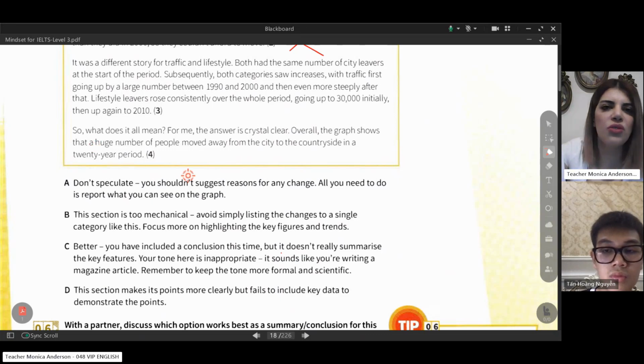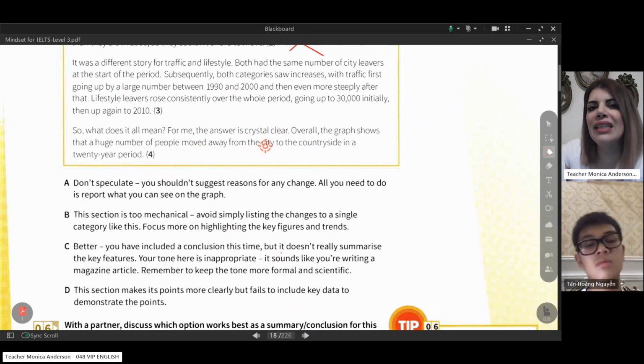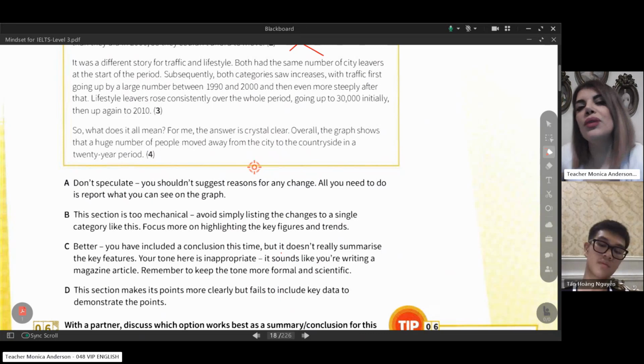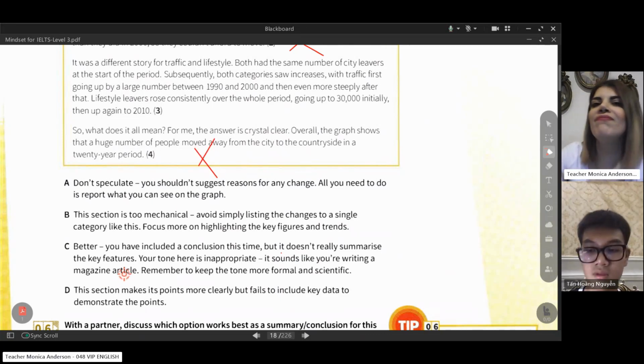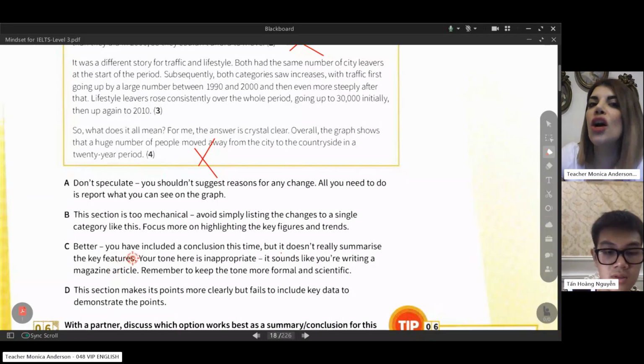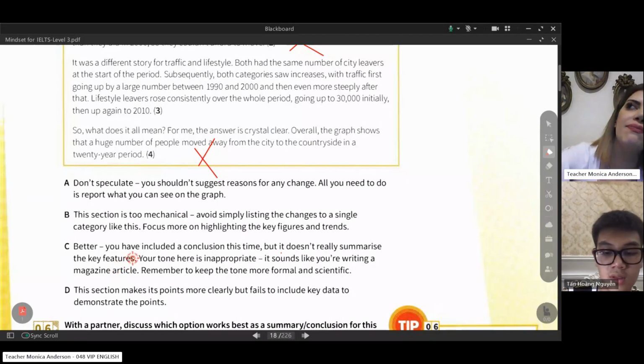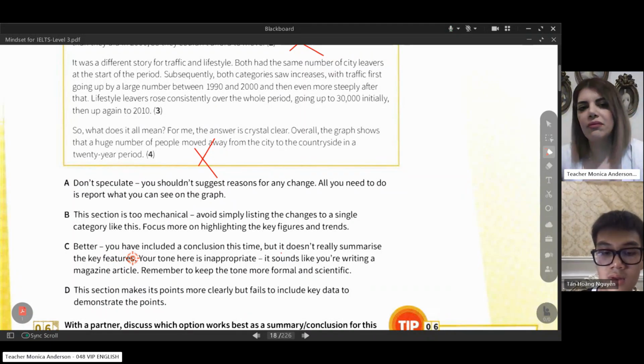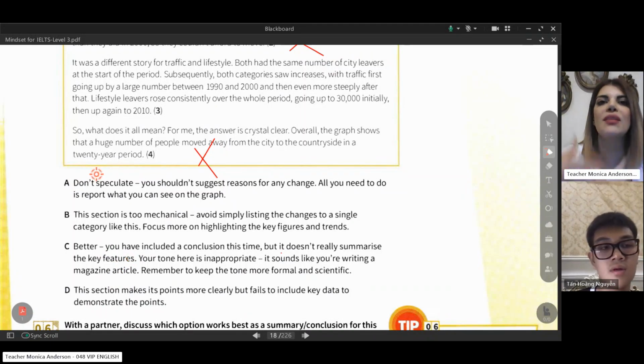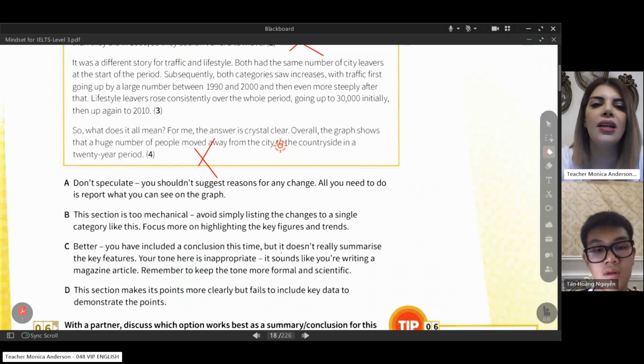And as you can see, there is no summary here. For me, the answer is crystal clear. Overall, no, it's not a good conclusion. Of course, as I told you, we don't have a conclusion the same as in task 2, but again, we need to summarize the main features, which we don't do here.